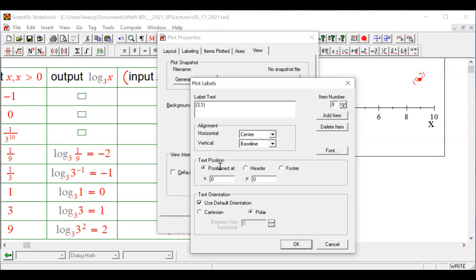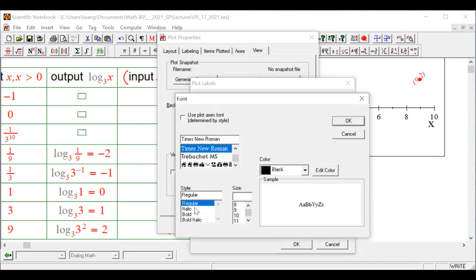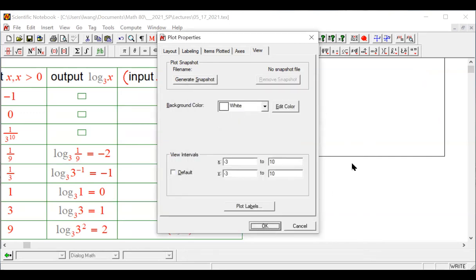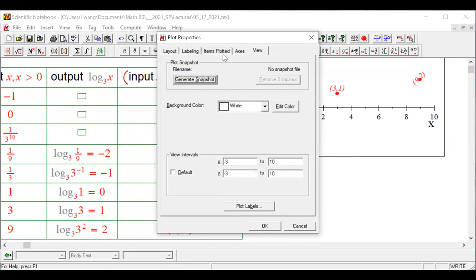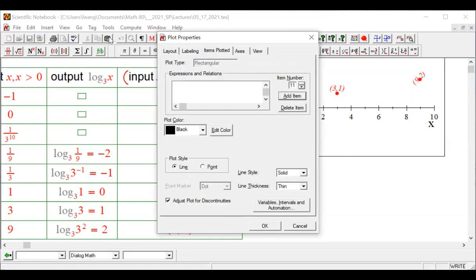3,1. Maybe I'll make it a little higher, so hopefully that shows better. The red dot marked 3,1. And 1,0. You can see graphing is just done point by point.